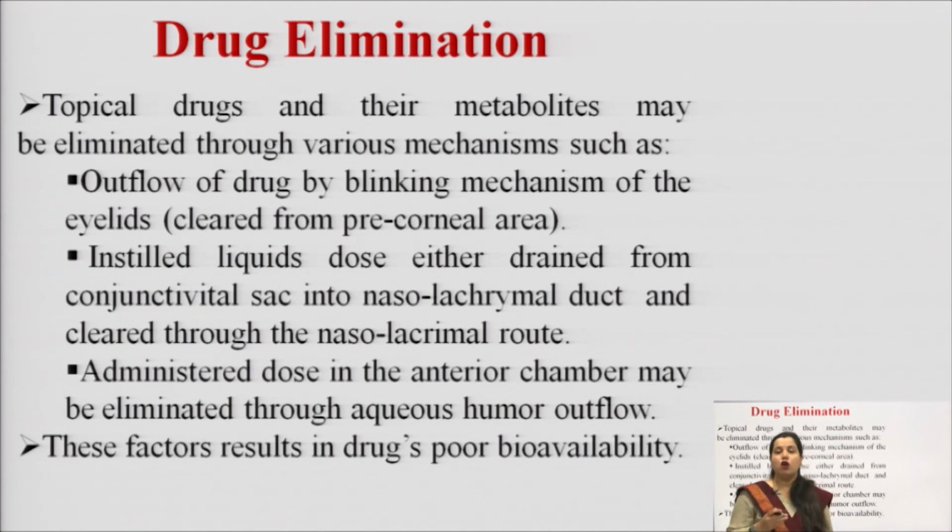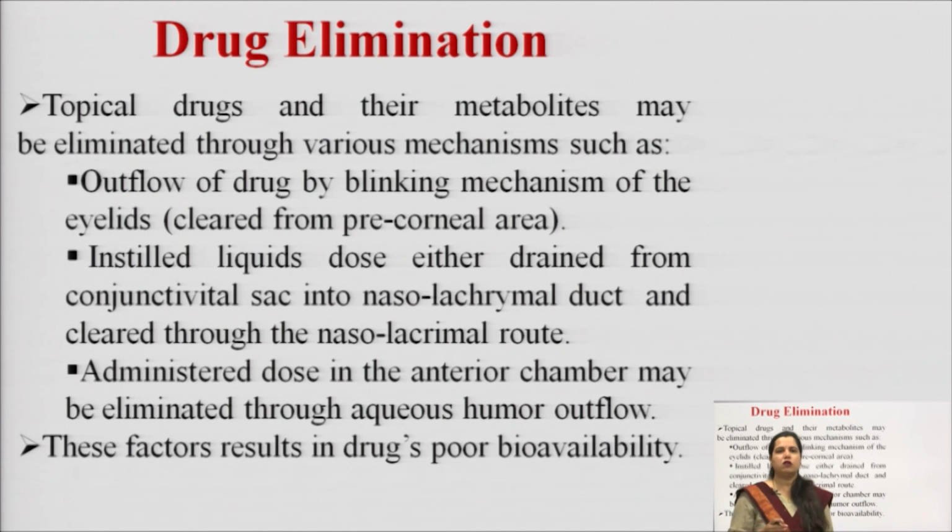This is one of the routes of elimination. Now, the administered dose in the anterior chamber may be eliminated through aqueous humor outflow. Aqueous humor outflow depends on the tear production in the eye, right. This is also responsible for drug elimination.